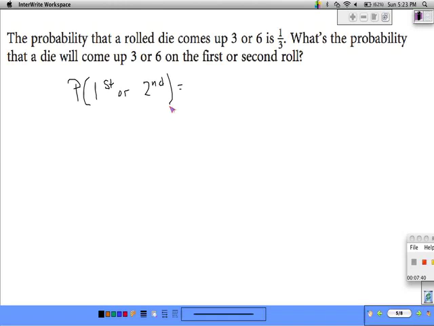Let's first do this using our addition rule. So probability of getting a 3 or a 6 on the first roll is 1/3, plus the probability of getting a 3 or a 6 on the second roll is 1/3, but it is also possible that we might get a 3 or a 6 on both rolls.